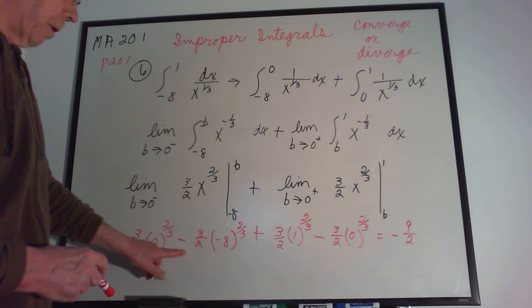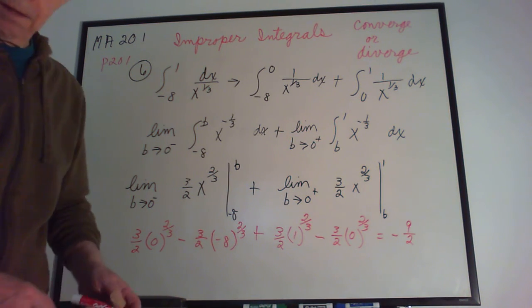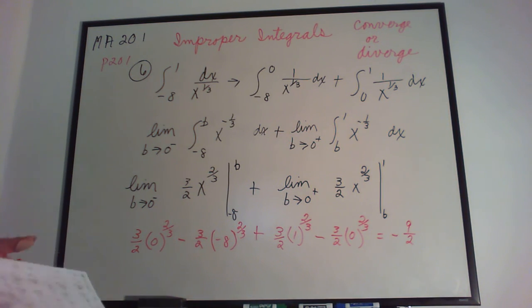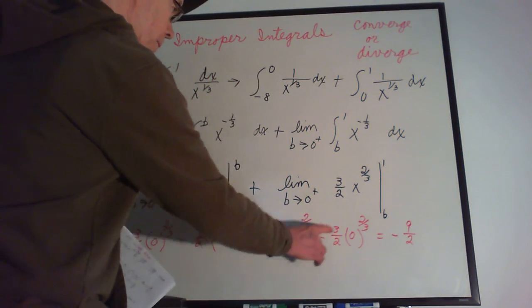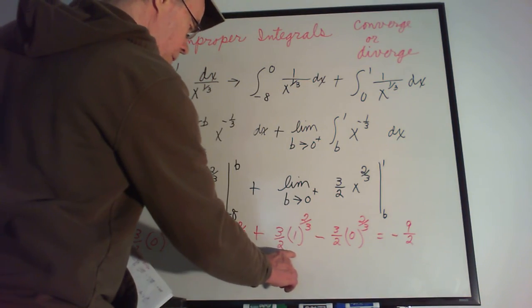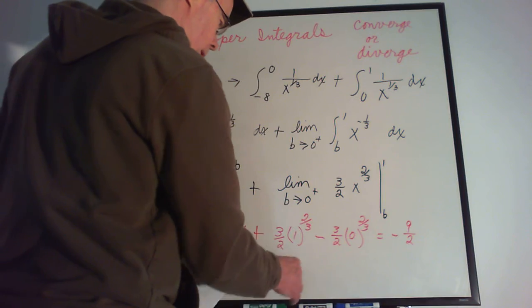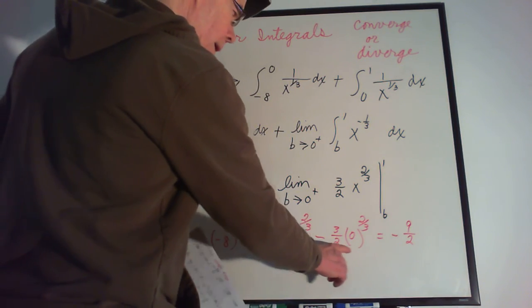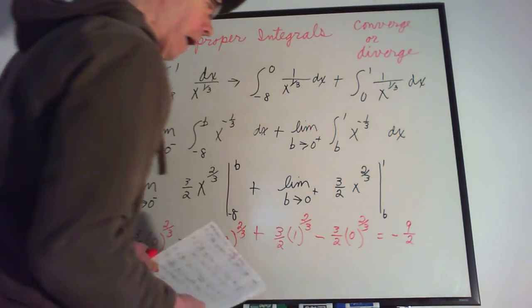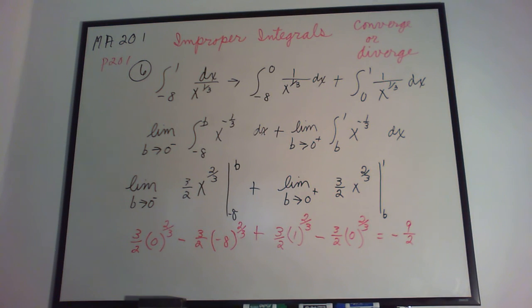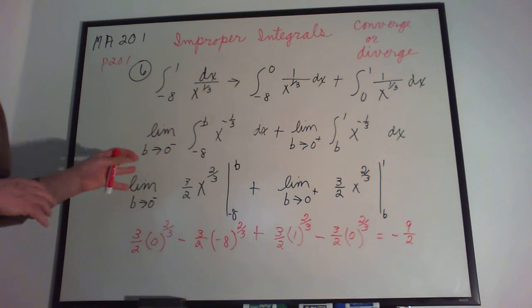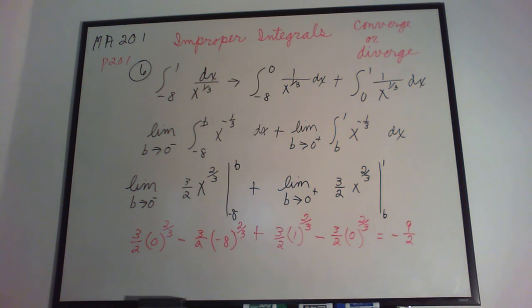All right, this is going to give you what number? Negative 6, right? Plus, put in the value here, it's going to give you a 3 over 2. This will give you a 0. The final answer should be negative 9 over 2. What you want to do is, if you didn't get the right answer, try it over, see how you do with it.